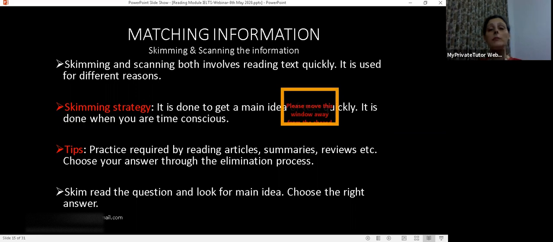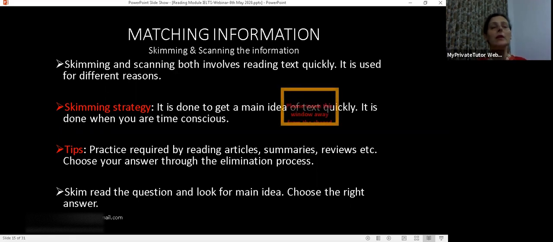Both involve reading the text quickly, but for different reasons. The skimming strategy is used to get the main idea of a text quickly. It is done when you are very time conscious. Don't get into the details. Just go through it.